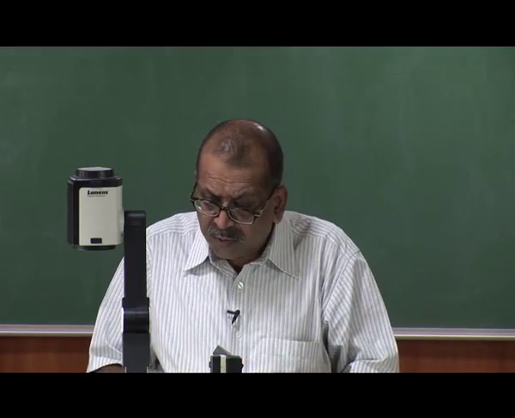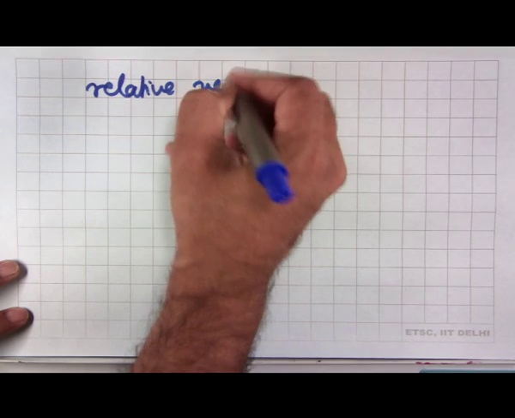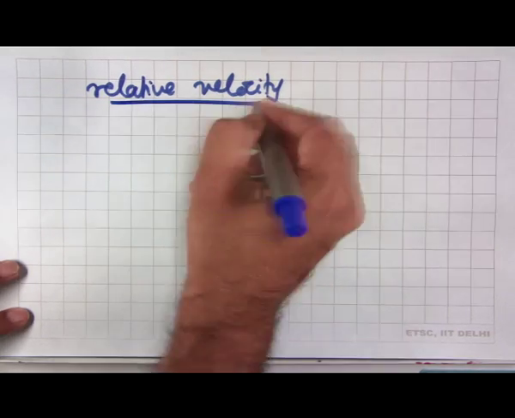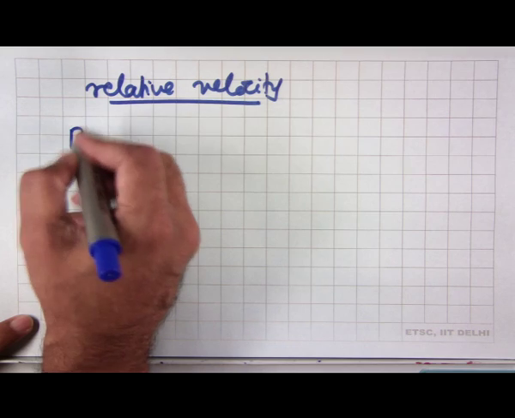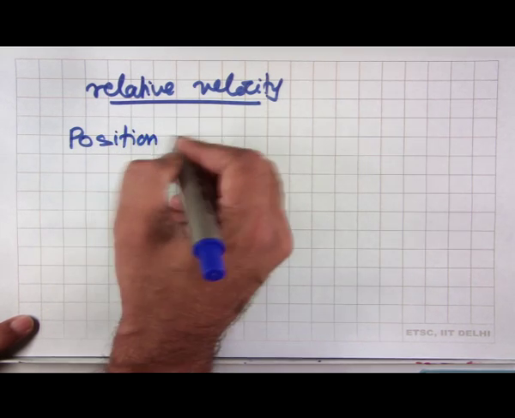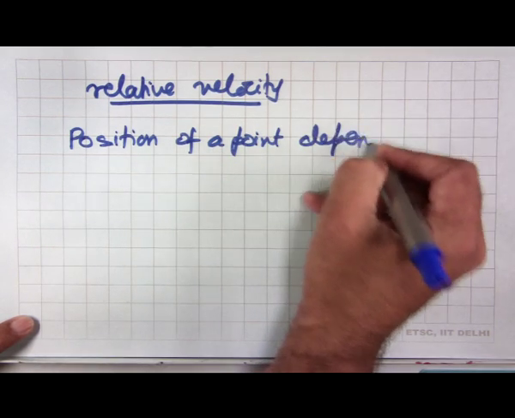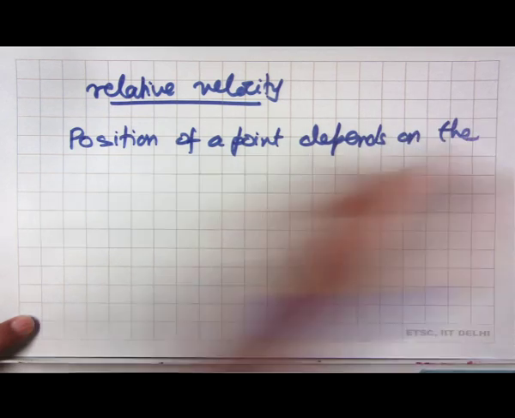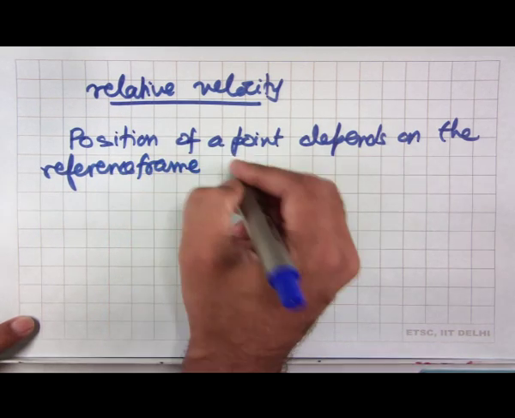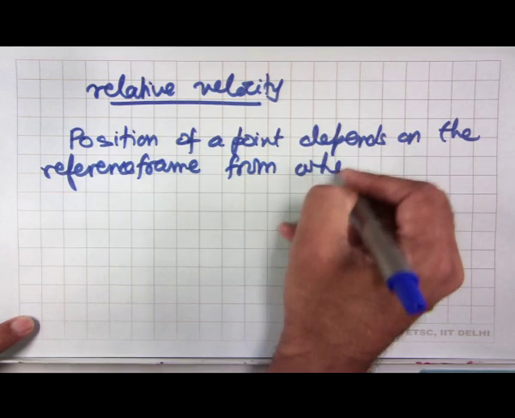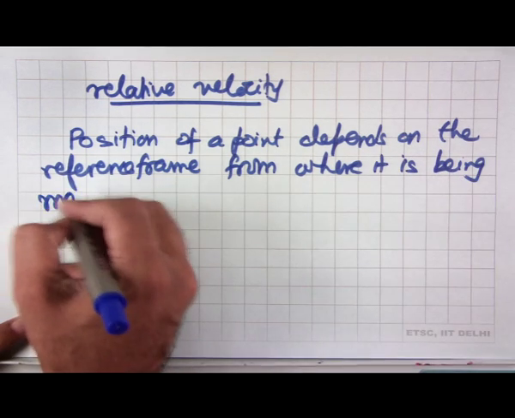Now, let us focus our attention on the concept of relative velocity. And what we realize here is that the position of a point depends on the reference frame from where it is being measured.